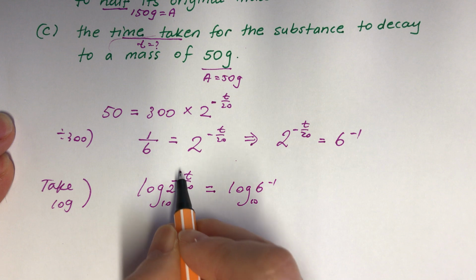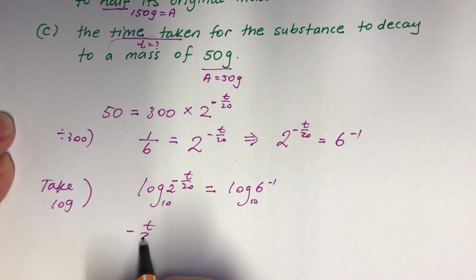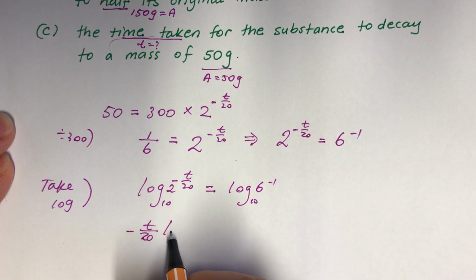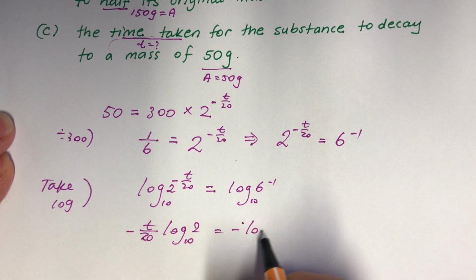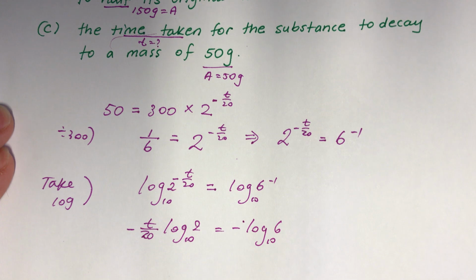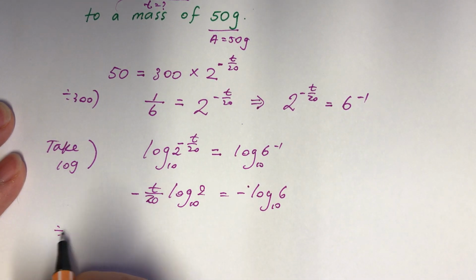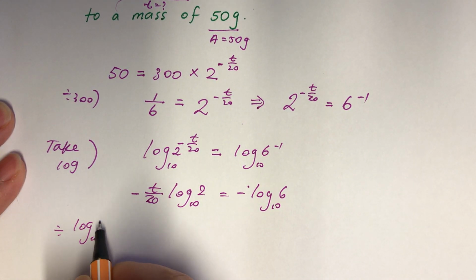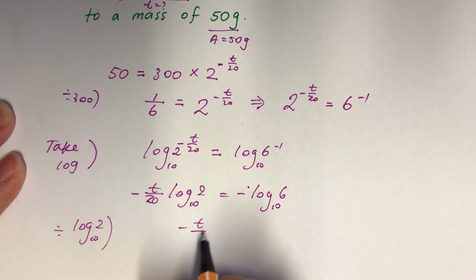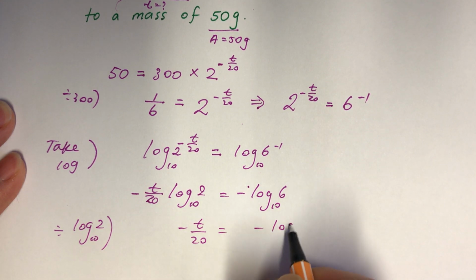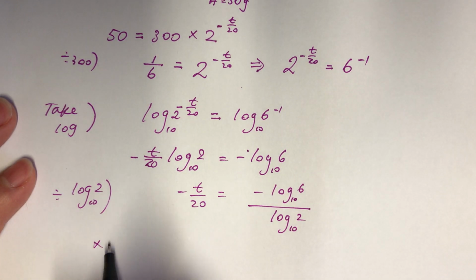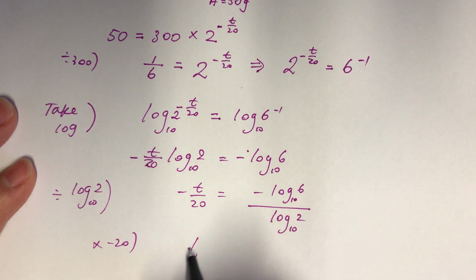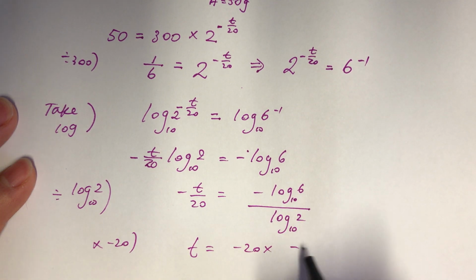And then I'm going to move this power to the front. Minus 1 log 6, and then I'll divide it by log base 10 of 2. And then I'm going to times by minus 20 on both sides. So minus 20 times minus log.